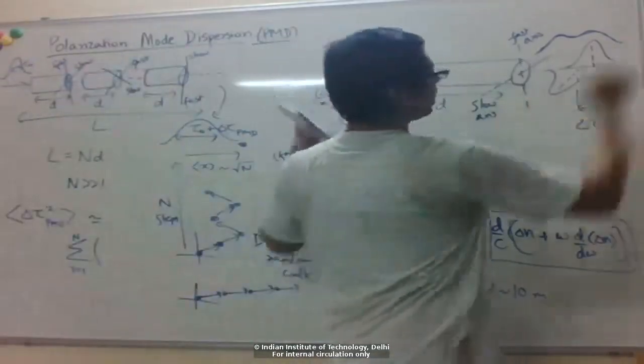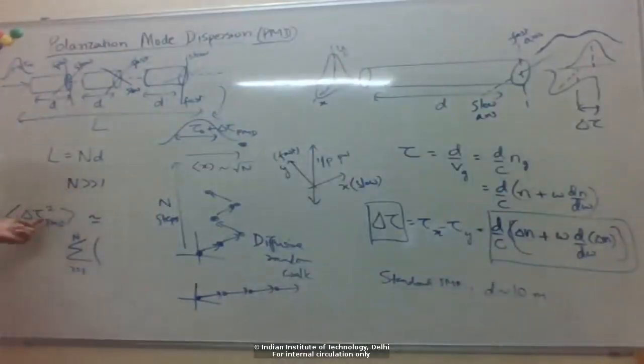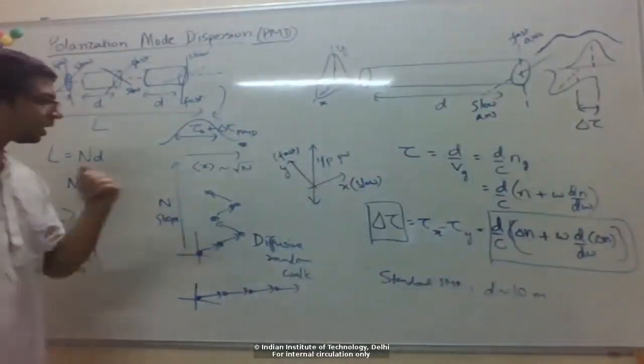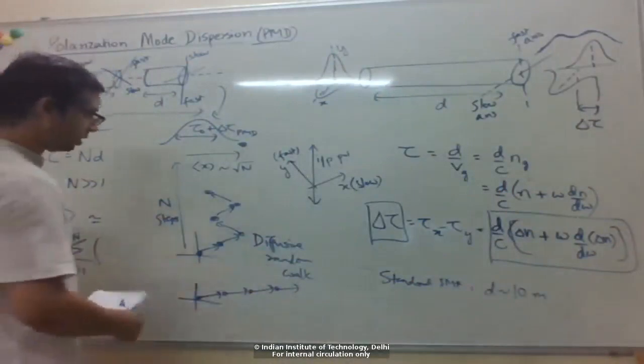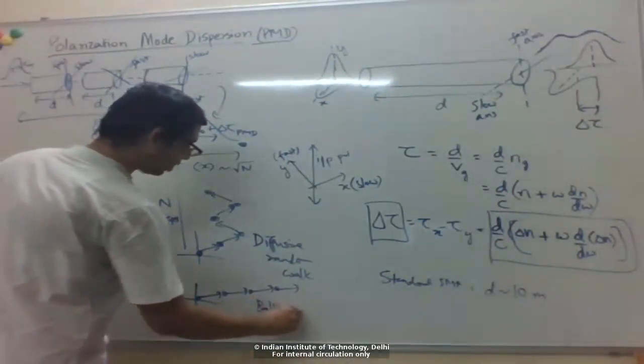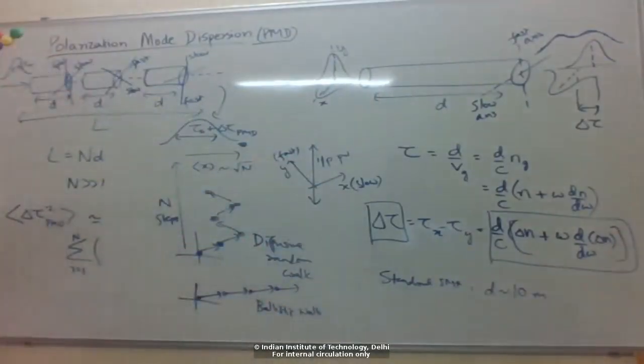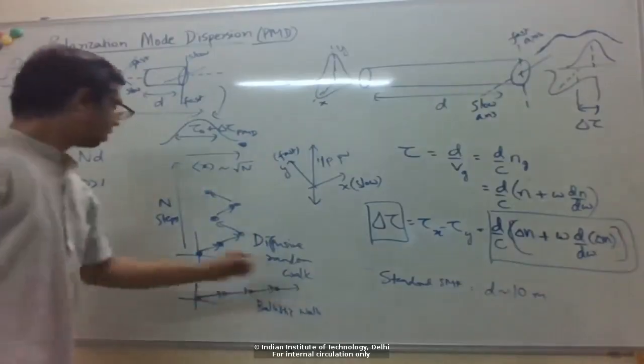This keeps broadening, broadening, broadening. So then you just add up the delta tau. Delta tau total will be just the sum of the delta tau. This kind of thing is known as a ballistic walk. You just add up everything linearly.